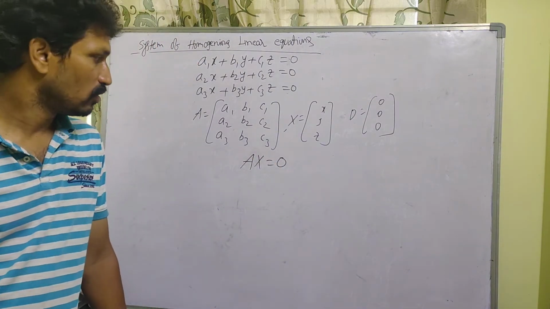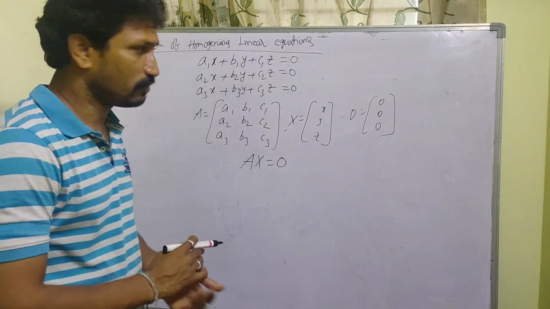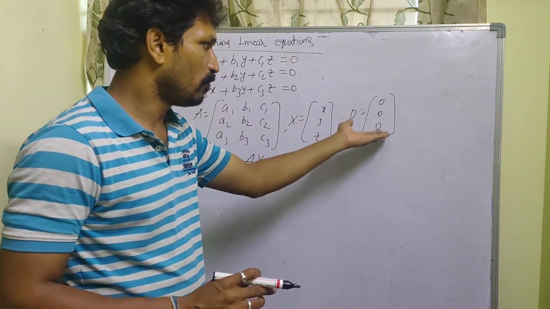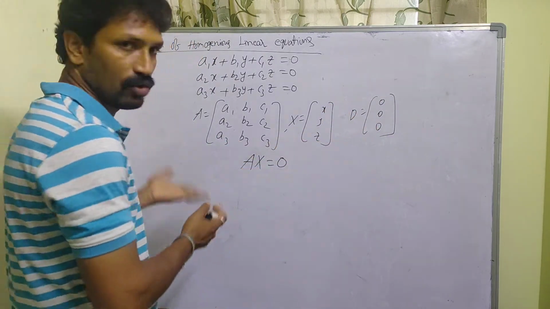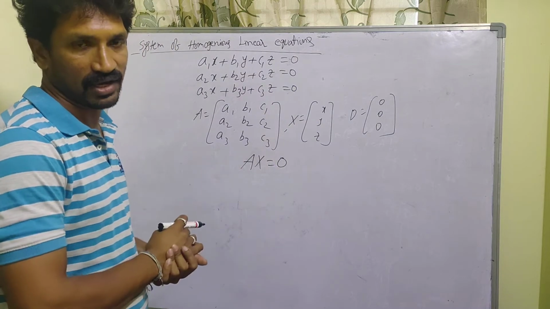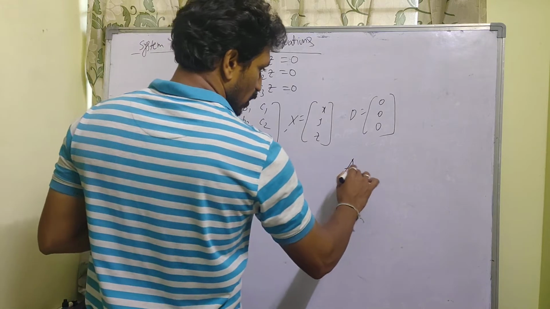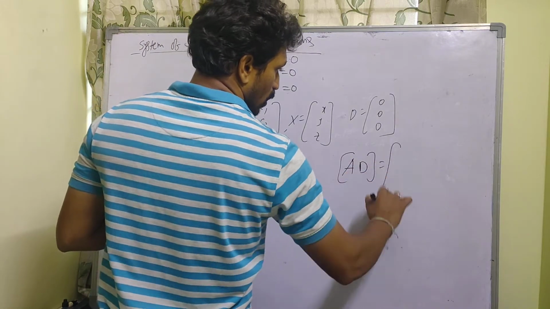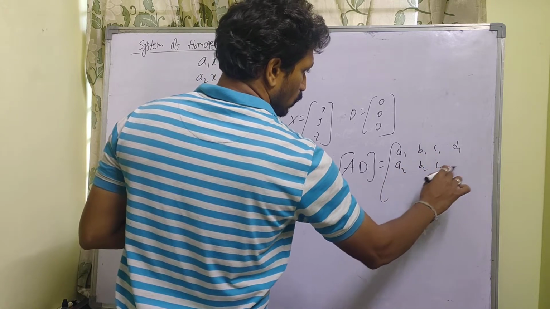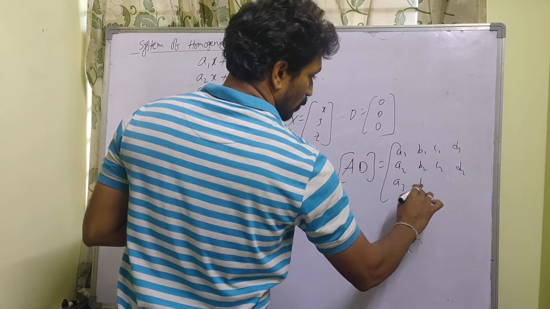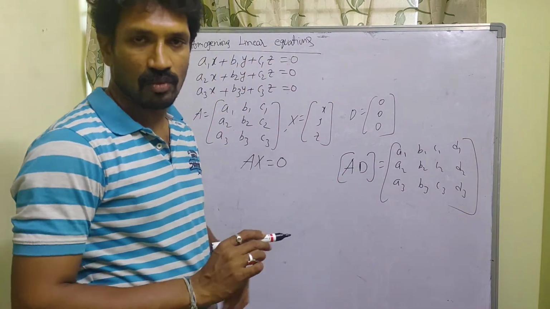See here, we cannot get an augmented matrix, because the column we would add is a zero matrix, so it is of no use. That's why we won't consider the augmented matrix. Generally, the augmented matrix A|D is a1, b1, c1, d1, a2, b2, c2, d2, a3, b3, c3, d3. This is the augmented matrix for non-homogeneous equations.